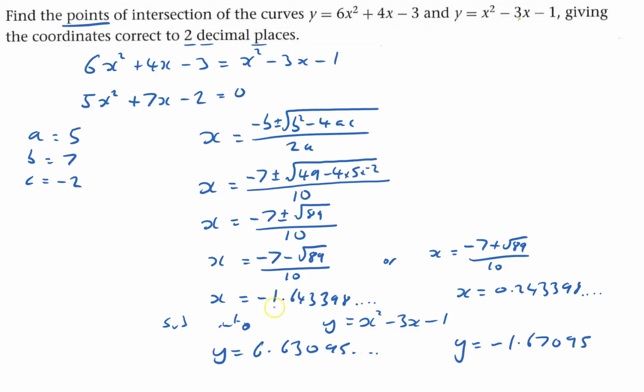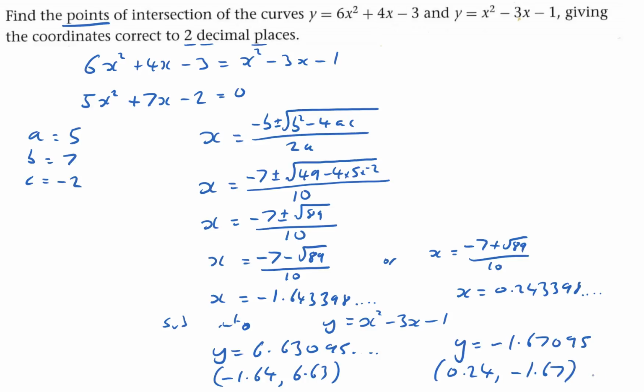So the points are minus 1.64 to two decimal places, 6.63, and the other one is 0.24 and minus 1.67.